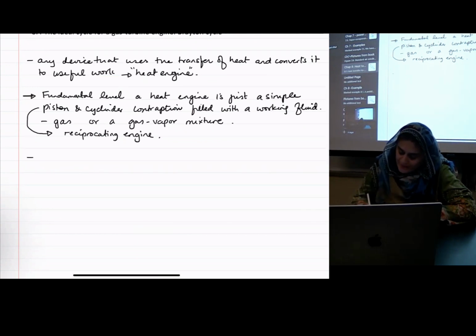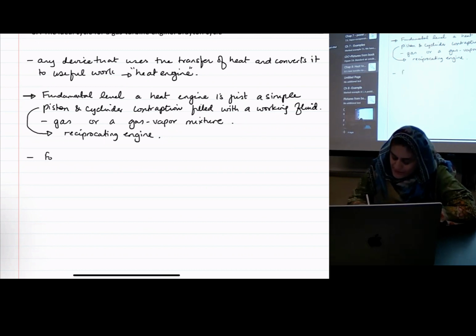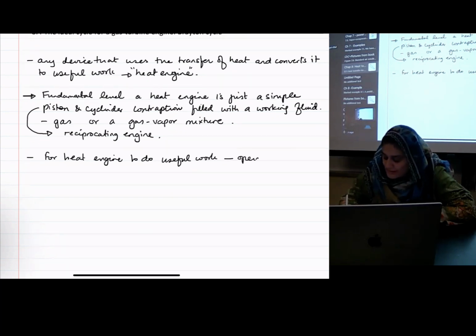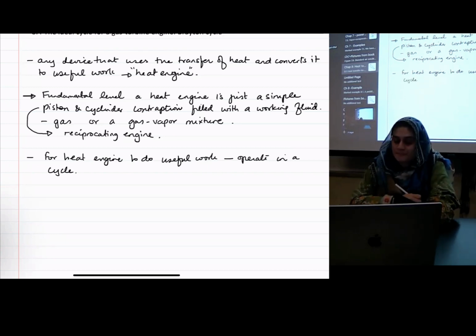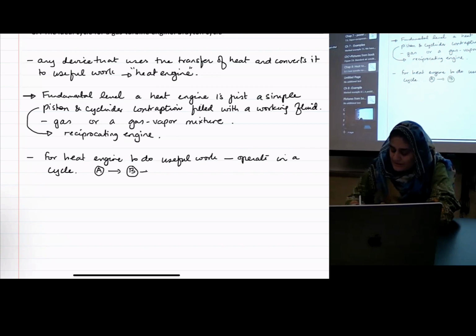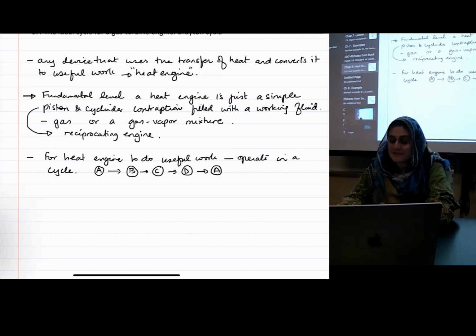So the criteria for these engines: for a heat engine to do useful work, we need it to operate in a cycle, which means it must start at point A, go to B, go to C, go to D, and then has to come back to A, and must return to its initial state.